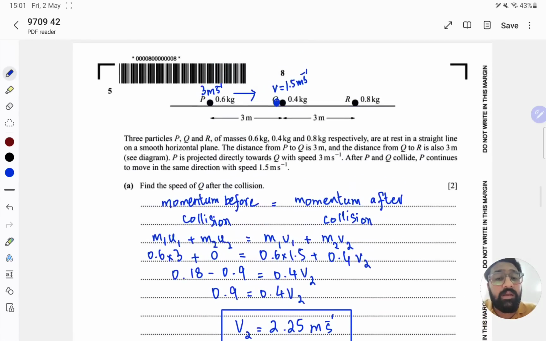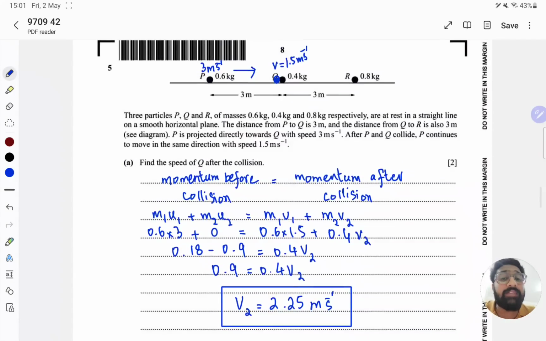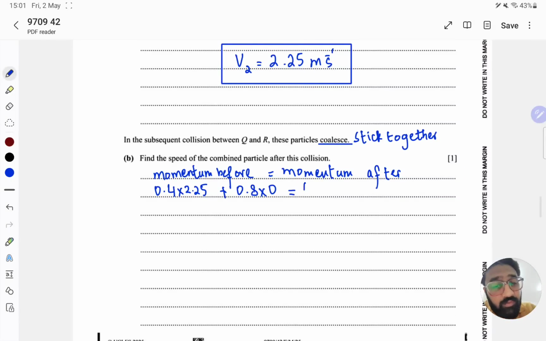So after hitting together, they are joined, they are sticking together. So the mass is going to be 0.4 plus 0.8, and they are moving with the speed together now. So let me mark it as v. So it will be 0.4 into 2.25, which is 0.9, plus 0.